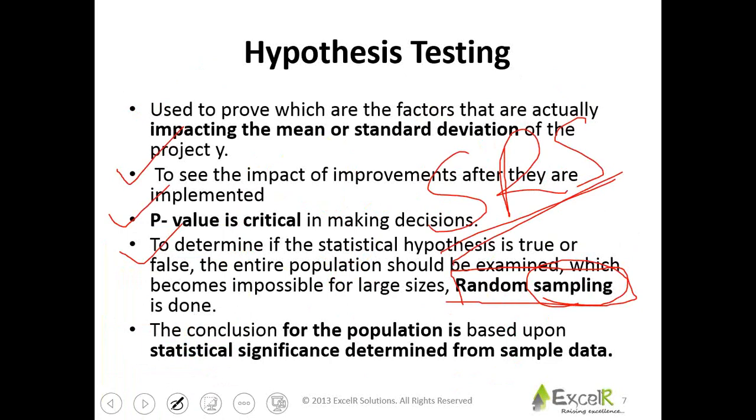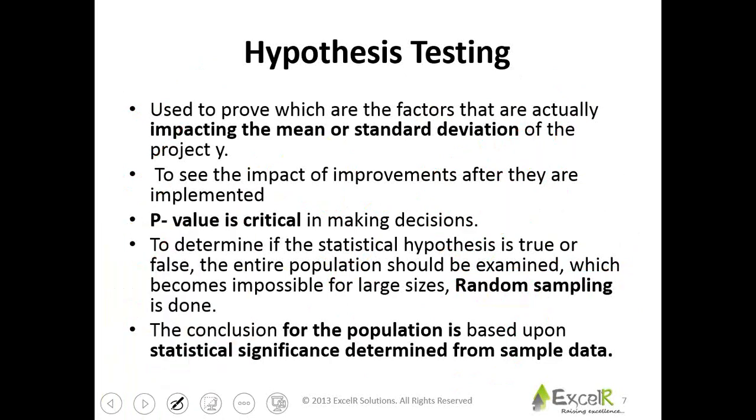Whenever we are working, even in real life, you will never get access to the entire population. If Apple iPhone comes to you and says, boss, can you quickly check and tell me whether any of my mobiles have screen problems? Is it possible for you to manually go and check each and every screen of a million iPhones?